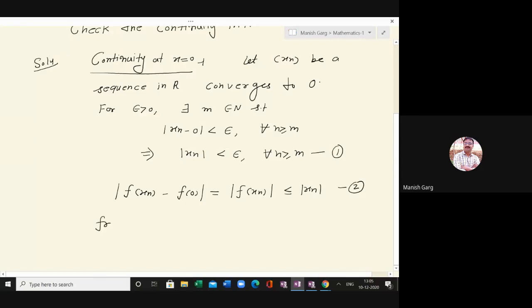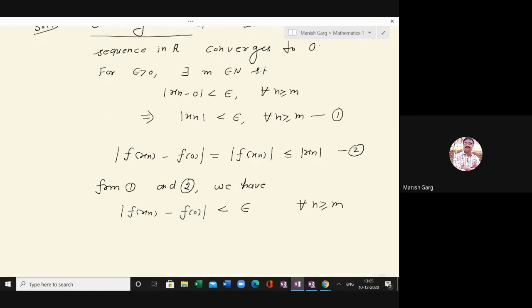So from 1 and 2, we have mod f(xn) minus f(0) is less than epsilon for all n greater than m, from 1.